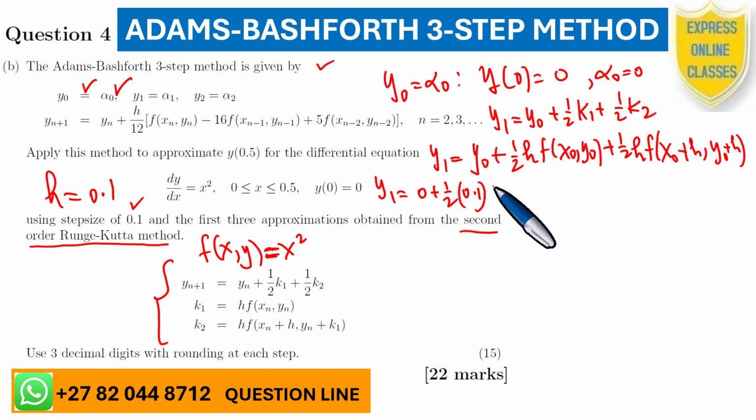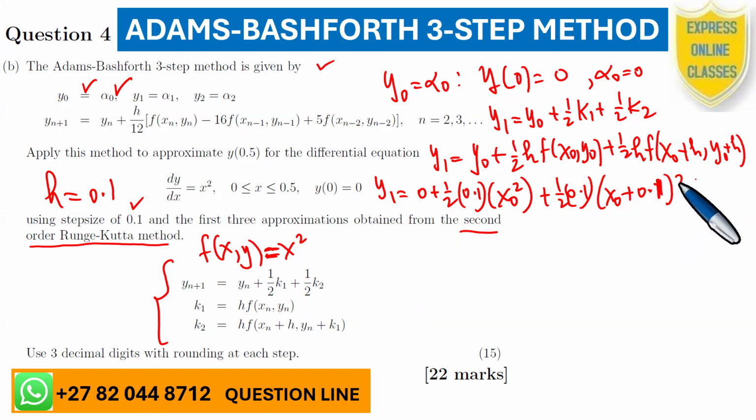So this is x0 squared, plus half h, which is 0.1, times f of the next point, which is just the square of the first component: x0 plus h, where h is 0.1, and you square everything.